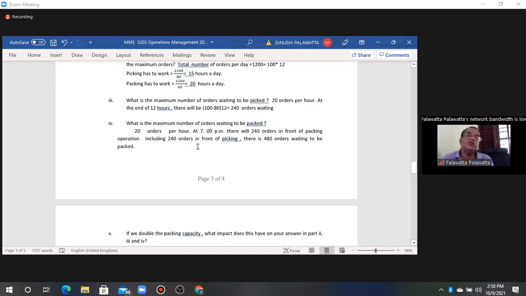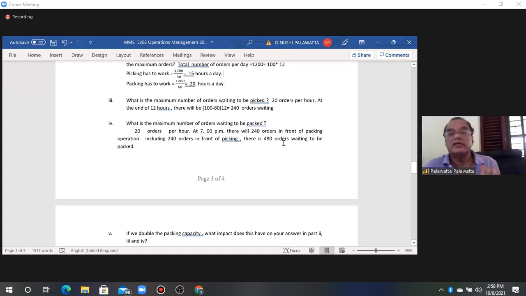But including the 240 orders waiting in front of the picking operation, that picking has not come, at the end of the day, anyway, they have to complete 480 orders. So this is how this 240 and this 240 put together become 480 orders waiting to be packed.